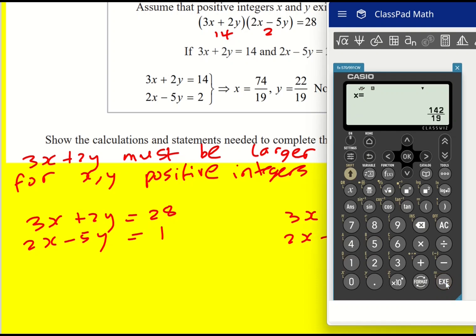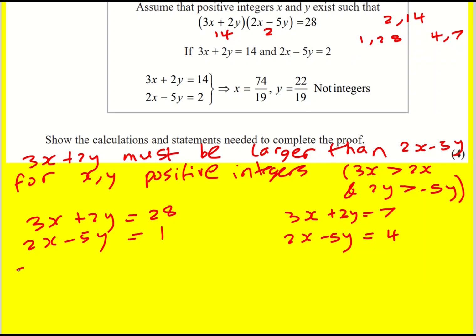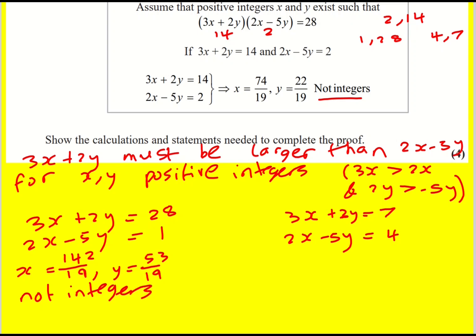And we get 142 over 19 and 53 over 19. So now we carry on the same sort of way and say they are not integers. So we've only got one more case to check.